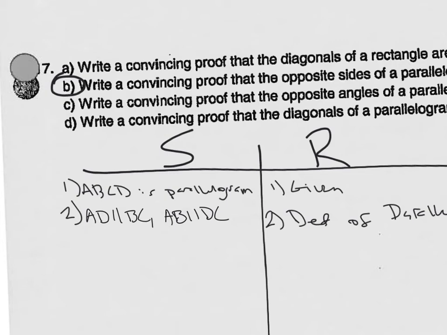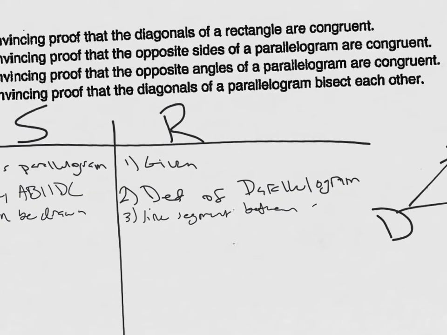Now that I do that, I can now use these alternate interior angles, but before I do that, I have to draw AC, the diagonal. Remember? Okay, so a line segment between any 2 points.